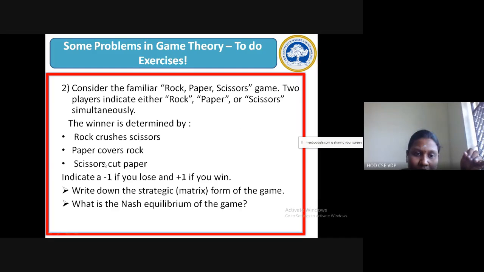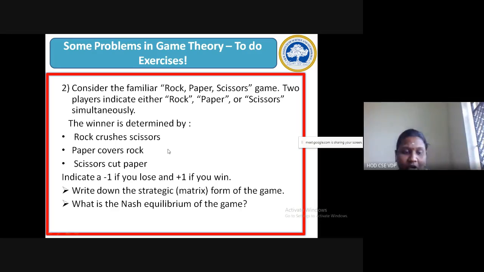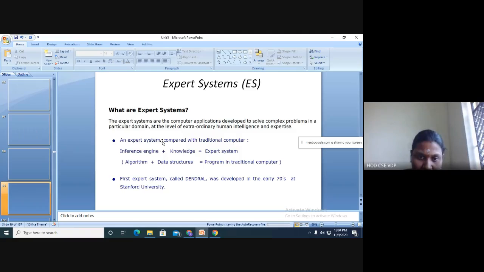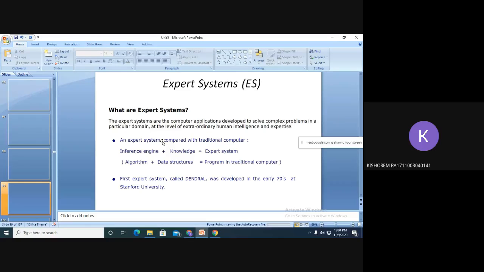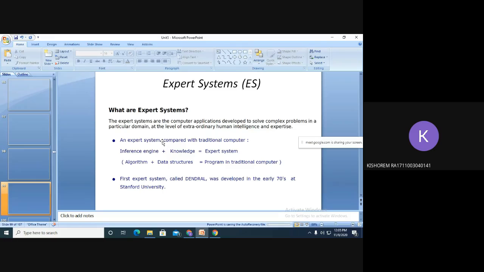When rock and rock, what is that, plus 1 or minus 1? Rock and rock is neutral only, no plus or minus. Zero. First of all, we have to draw the table once again: stone, paper, scissors. Stone against stone means neutral, zero, both of them no points.